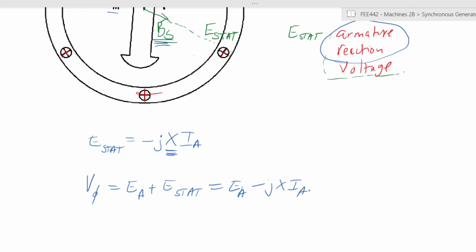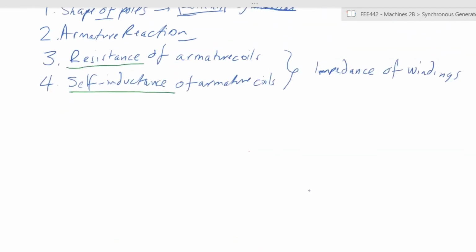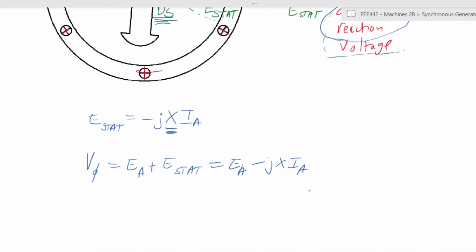Okay. So if we want to now also include the impact of the resistance and the self-inductance of the coils, you then have an additional one. So this element is due to armature reaction. It is the representation of armature reaction. You will also have to now subtract again a value JXAIA, where XA is the self-inductance that we talked about of the armature coils.